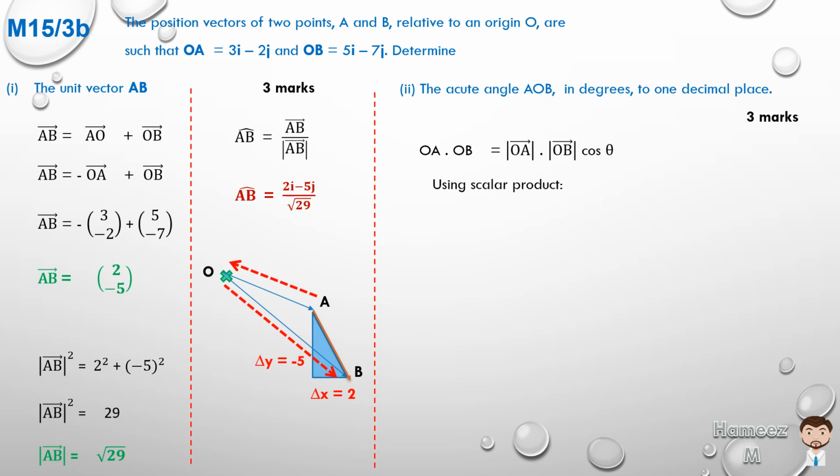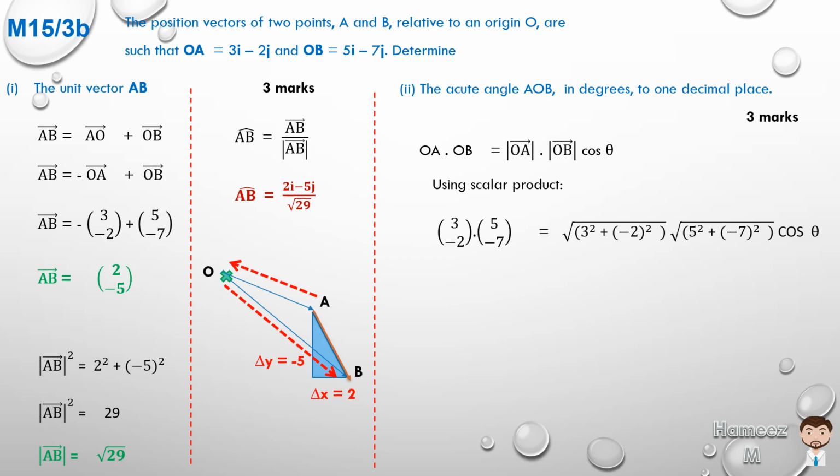OA dot OB is equal to the length of OA times the length of OB times cos theta. And we can substitute. We know OA is (3, minus 2) dot (5, minus 7), which is equal to, using Pythagoras' theorem, the square root of 3 squared plus minus 2 squared, times OB, the square root of 5 squared plus minus 7 squared, times cos theta.